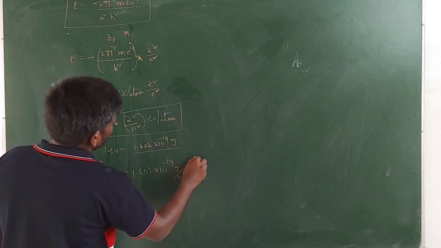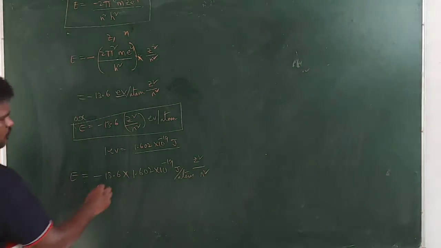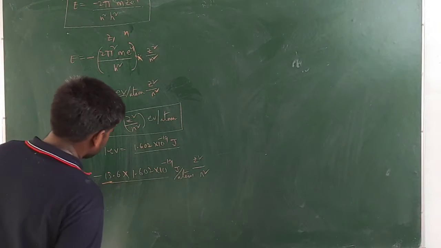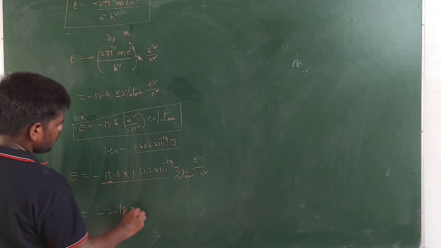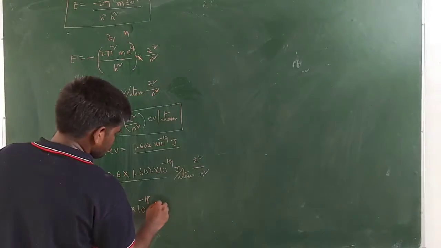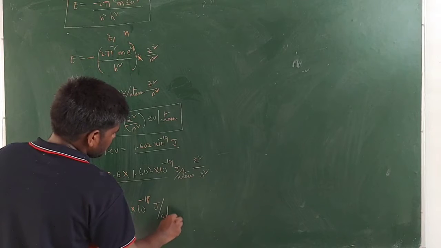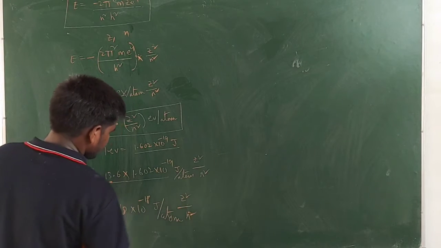per atom into Z square by n square. So now if you multiply these terms, you can get a value that is minus 2.18 into 10 power minus 18 joule per atom into Z square by n square.